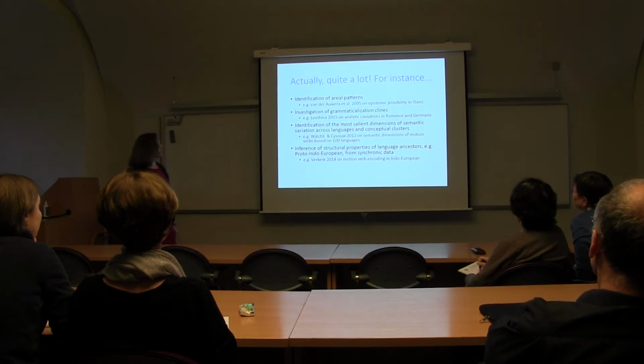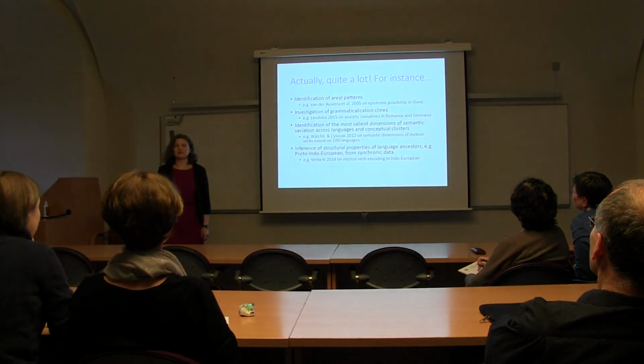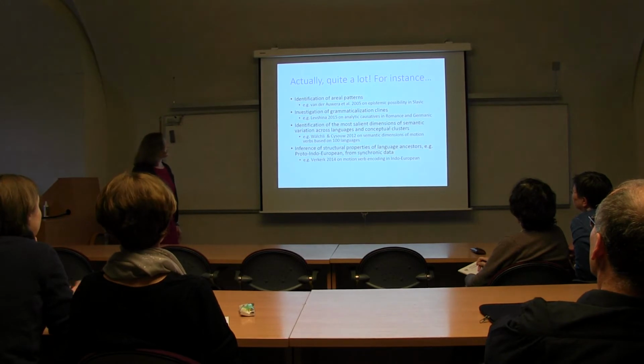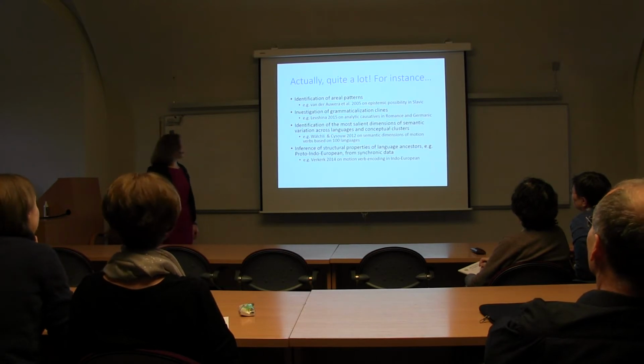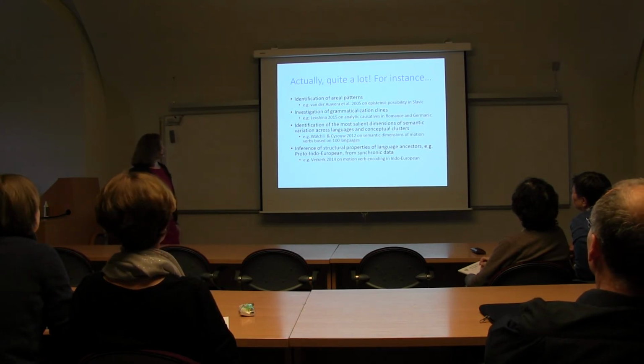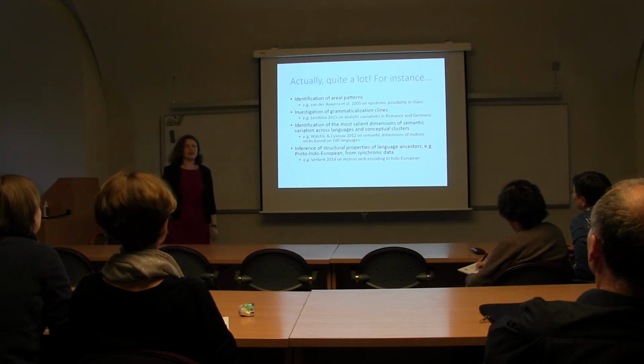So we can identify areal patterns, as van der Auwera and his colleagues did in their study of epistemic possibility in Slavic. Or we can investigate grammaticalization clines in different languages. For example, I tried to investigate analytic causatives in Romance and Germanic, so-called Romance and Germanic sandwiches.